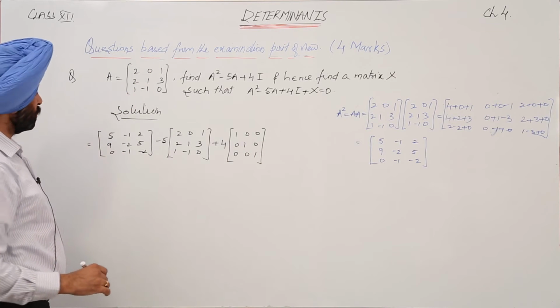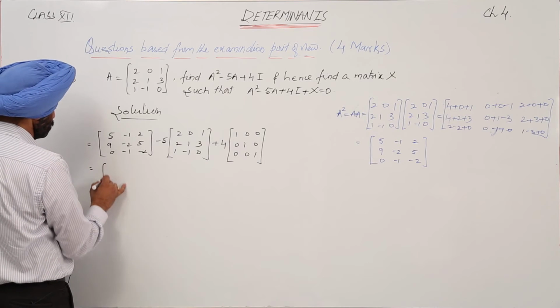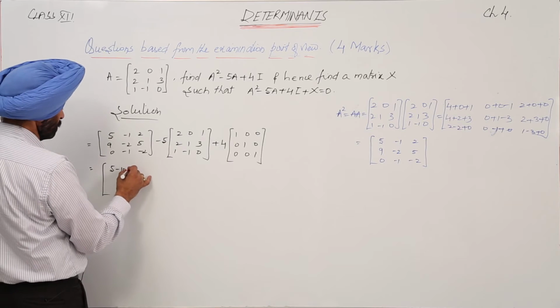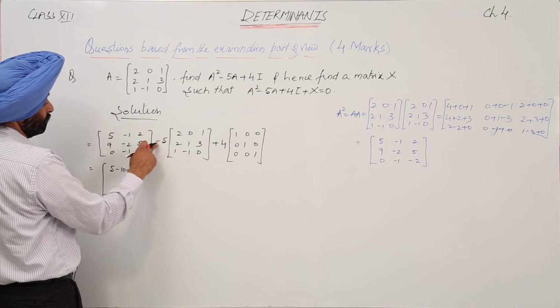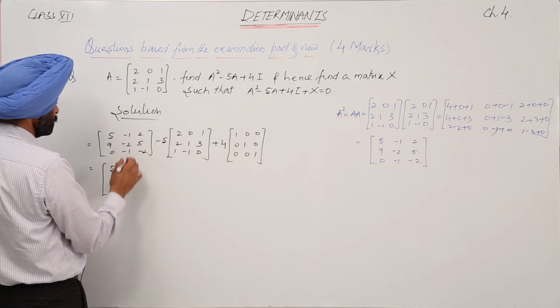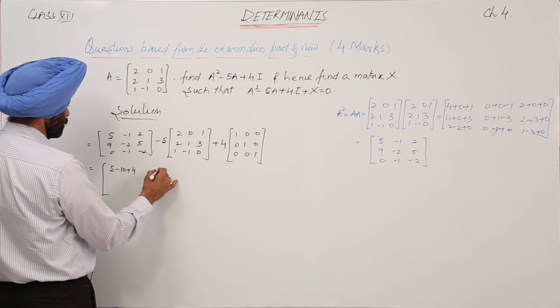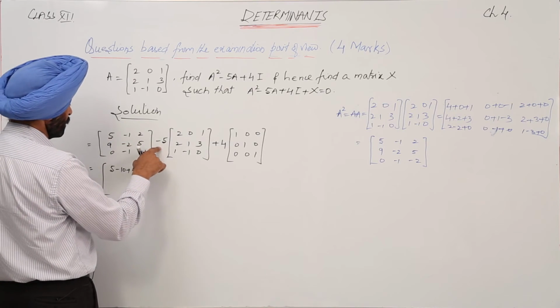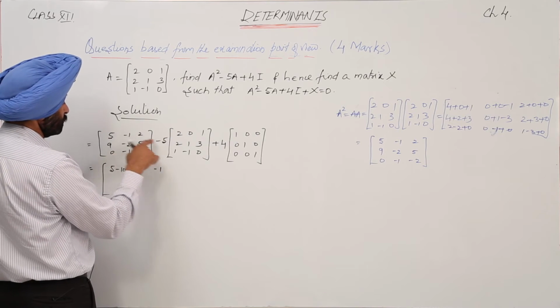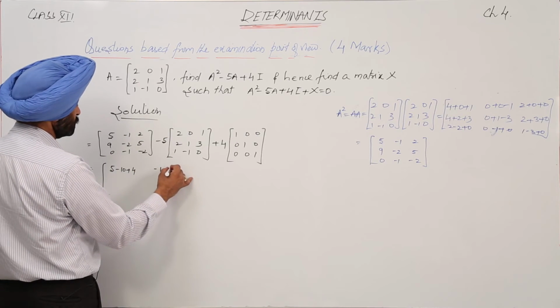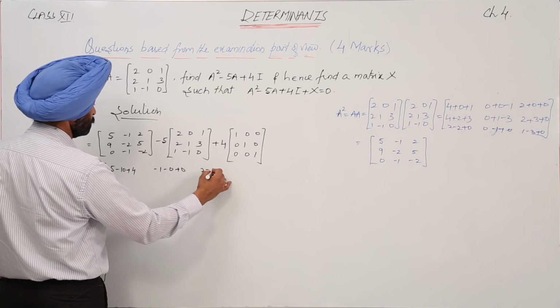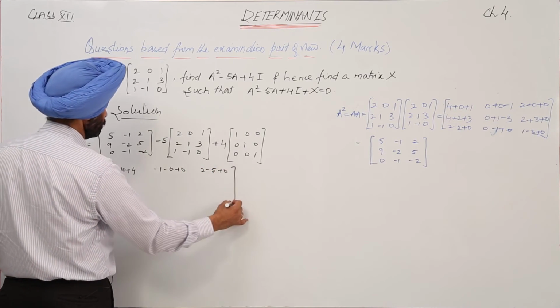Now it becomes 5 minus 10 plus 4, then minus 1 minus 0 plus 0, then 2 minus 5 plus 0.